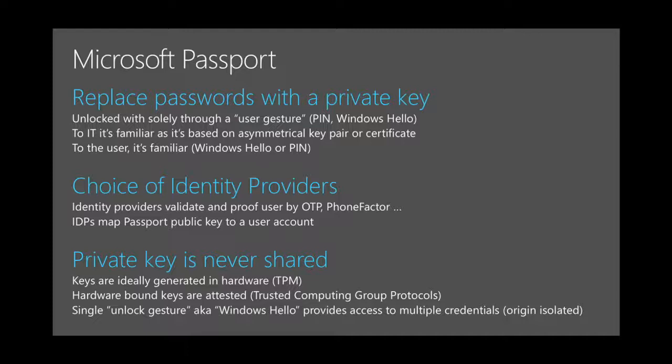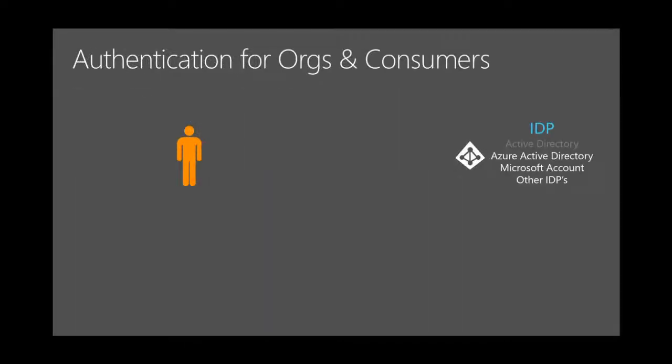So in this process, we do health attestation of the device, as well as making sure that the device or the user is actually who he is. So let's talk a little bit through it. This works the same for organizational as for personal, right? And I'm talking about IDPs, meaning Azure Active Directory, Microsoft accounts, or other cloud-based IDPs.